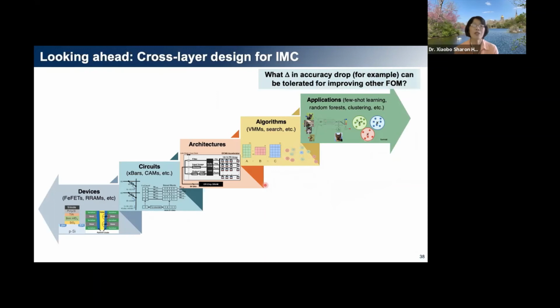For example, one important question that we, together with our sponsors at SRC and different companies, are asking is how much accuracy degradation can be tolerated for improving other figures of merit like energy and latency. This is very much application-level driven, and then trying to reduce to the hardware side.